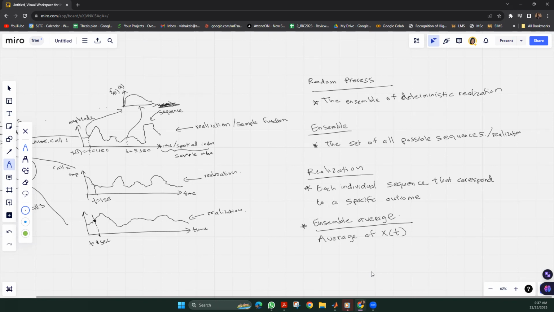The ensemble average at t equals 1 second we denote as x1. So the ensemble average is the average of xt at a certain time value.